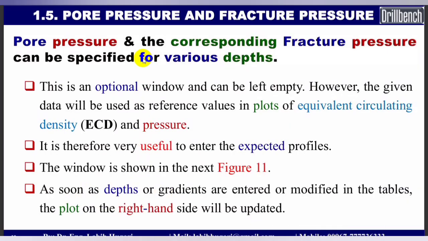Pore pressure and the corresponding fracture pressure can be specified for various depths. This is an optional window and can be left empty, without any data. However, the given data will be used as a reference value in plots of equivalent circulating density and pressure.